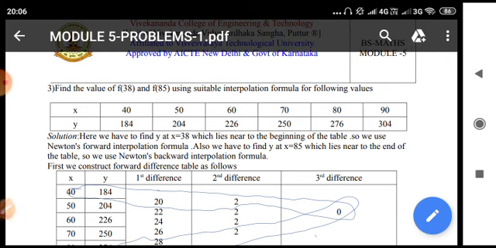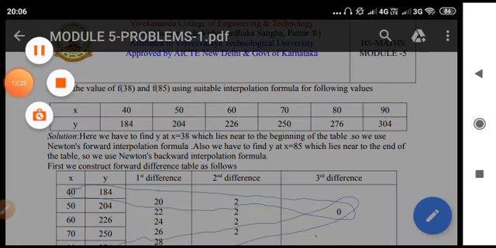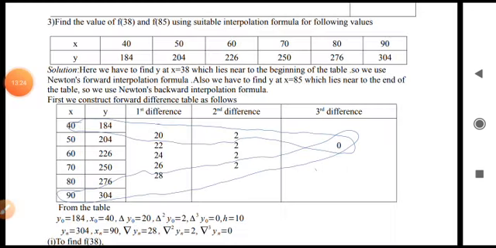First, we construct the difference table as follows. X and y values are given. The x values are 40, 50, 60, 70, 80, 90. So h value is 10. Y values are given as 184, 204, 226, 250, 276, 304.